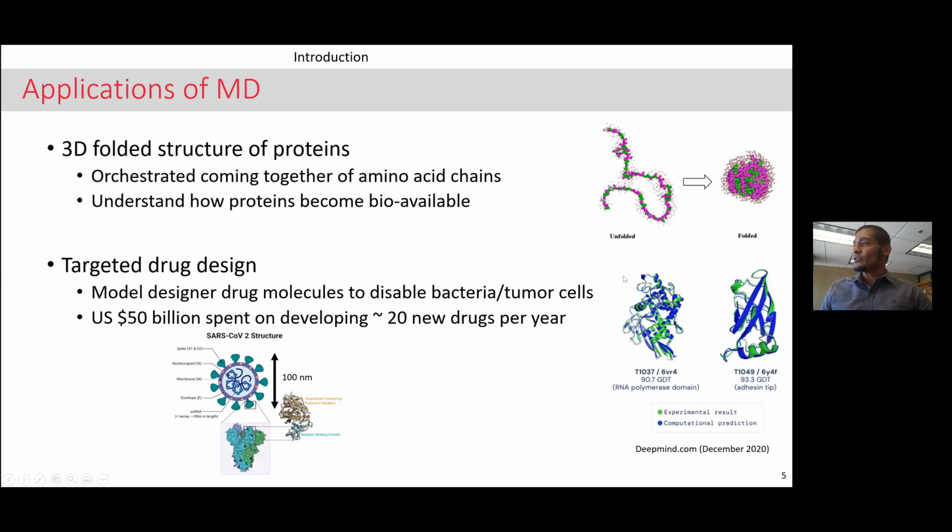When I was talking about this protein folding problem, it was solved for the first time in... Can you see my screen, all of you? I've just got to move across to a different screen. That's why I was looking in the wrong direction. If you look at this protein structure, these two protein structures were solved in December 2020, not too long ago.